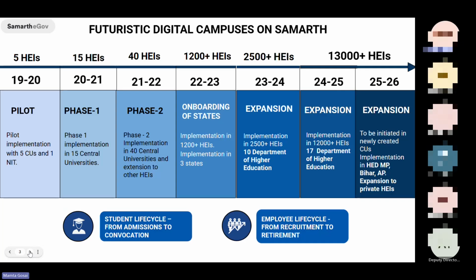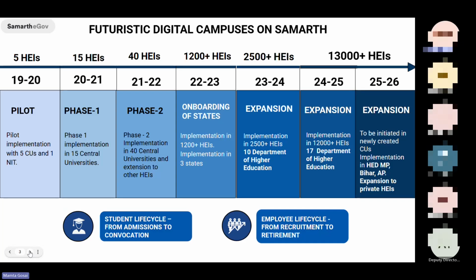In 2022 and 23, you can see that 1,200 institutions were onboarded. That is because three states' HEDs were also onboarded with us, like HED Jharkhand, Maharashtra, and Uttarakhand. These three states were onboarded on Samarth, so that is why the count jumped from 40 to 1,200 in 2022 and 23.